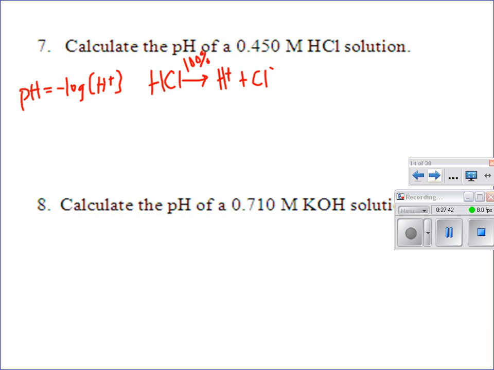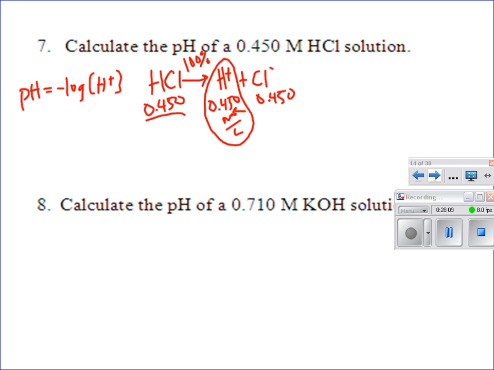So if I have a liter container and I have 0.450 moles per liter of this, if every single one of them splits up, how many of each of these am I going to have? 0.450 of this and 0.450 of that. It's because it's strong that we can make the assumption that the H plus concentration is equal to the concentration of a strong acid, or the OH concentration is equal to the concentration of a strong base.